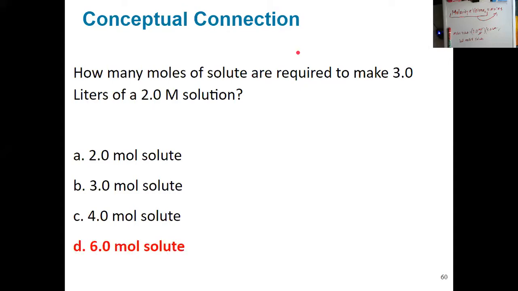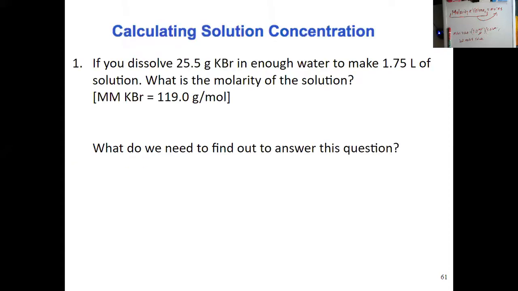So we see here that we have an answer of 6 moles of solute required to make this solution. Let's look at some more practical applications of this. If you dissolve 25.5 grams of potassium bromide in enough water to make 1.75 liters of solution, what is the molarity of the solution? They were nice enough to give us the molar mass of potassium bromide here.